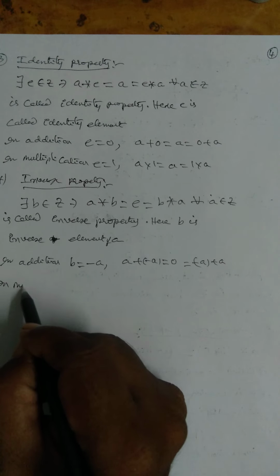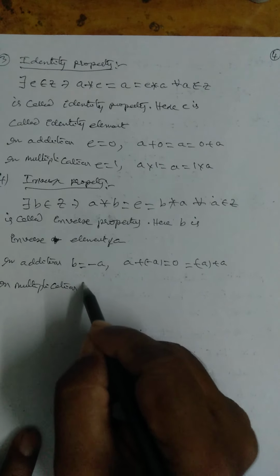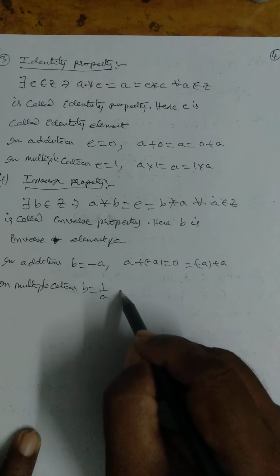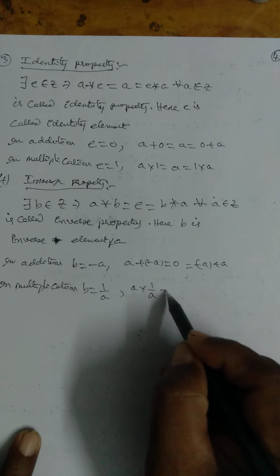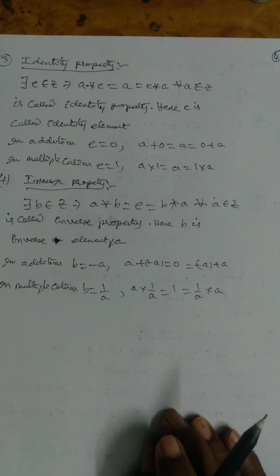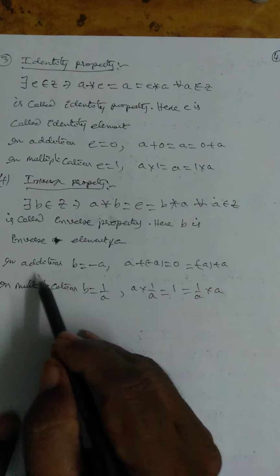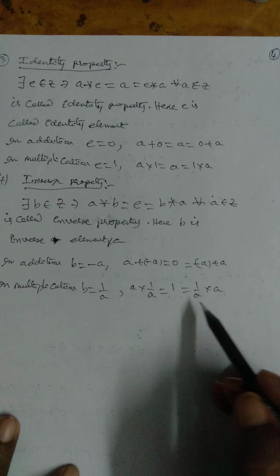In multiplication, B is equal to 1 by A. A into 1 by A is equal to 1 is equal to 1 by A into A. So E is equal to 0 in addition, E is equal to 1 in multiplication.